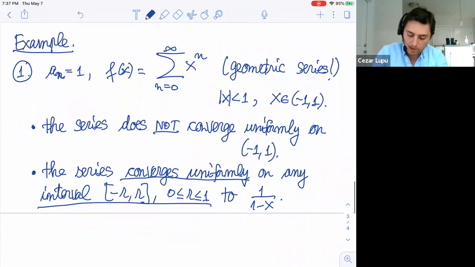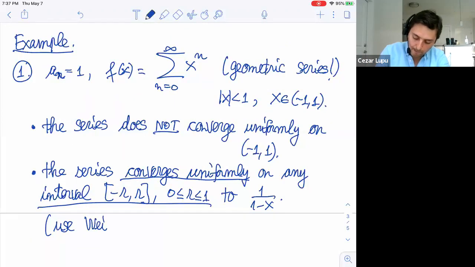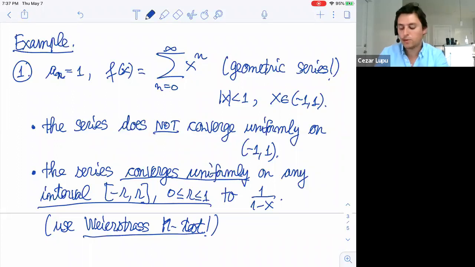So I'm going to say here, just use Weierstrass M-Test to talk about uniform convergence. Let me remind you of the Weierstrass M-Test when we do more applications.